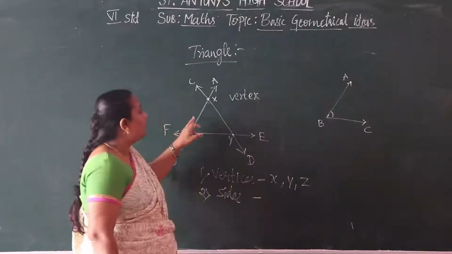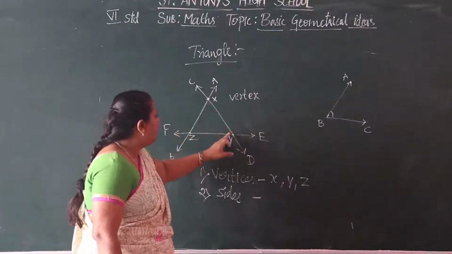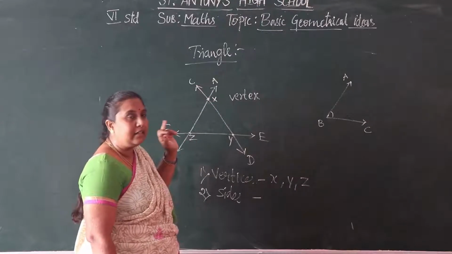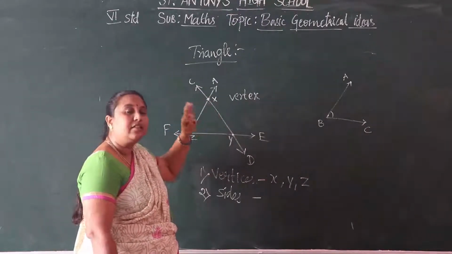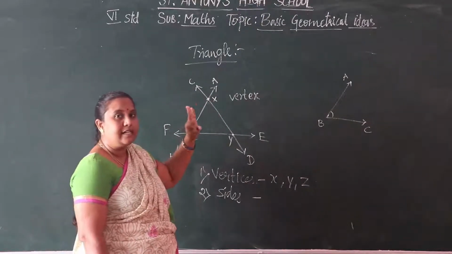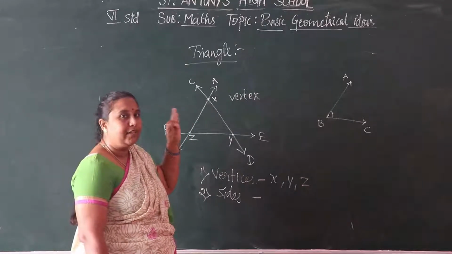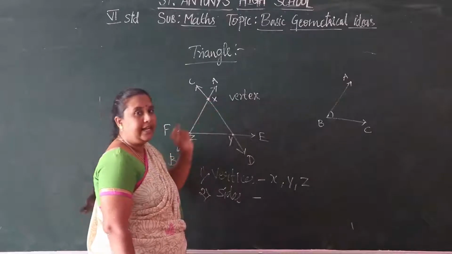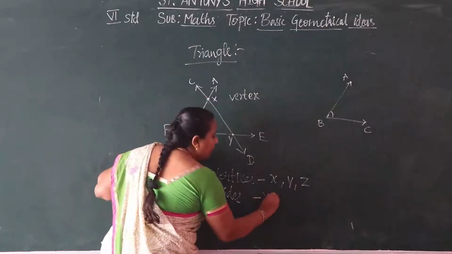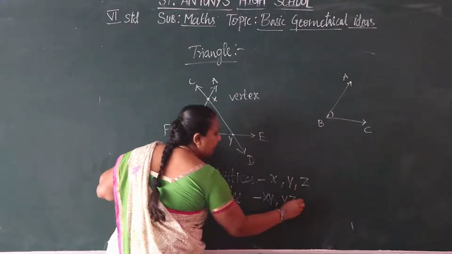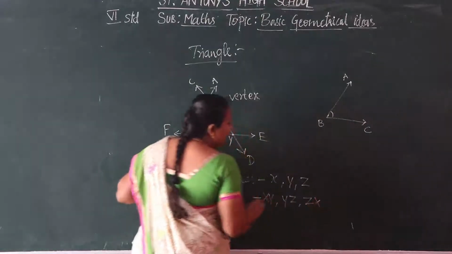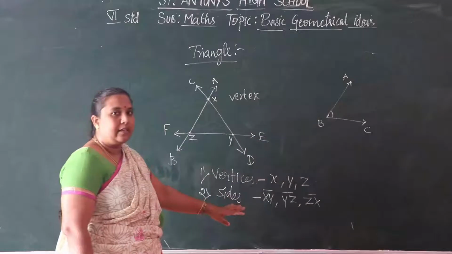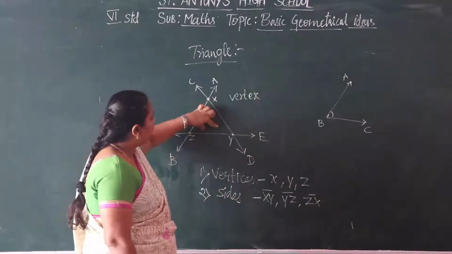What are the sides here? XY, YZ and ZX. How many sides? Three sides. We know a triangle is a three-sided figure. XY, YZ and ZX we can call line segments.